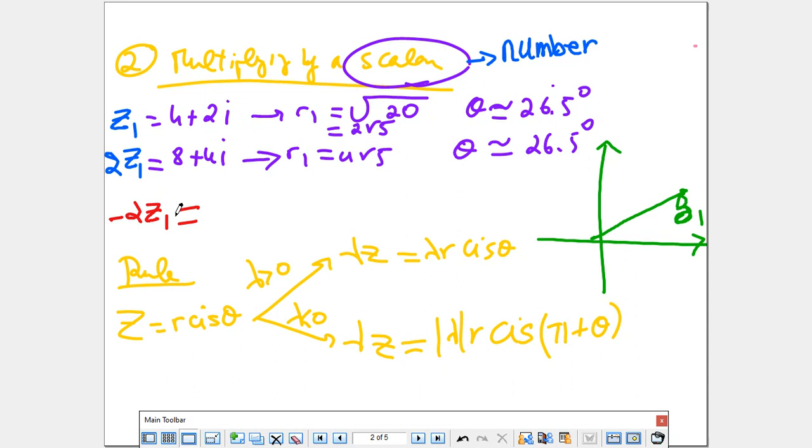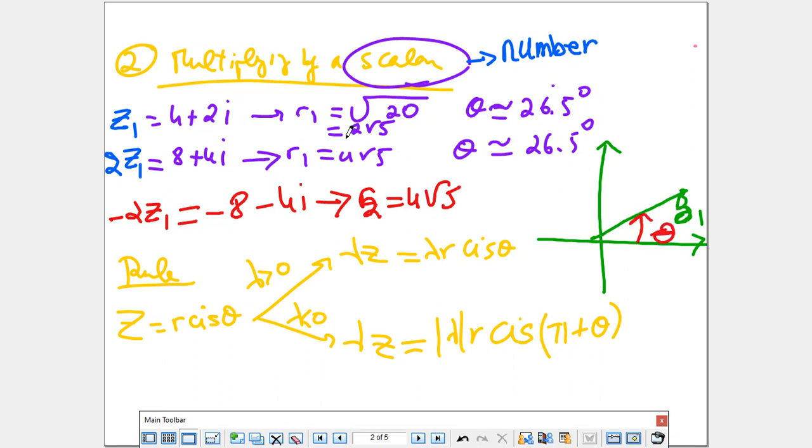Now, if I multiply it by a negative number, what's going to happen? It's going to be minus 8 minus 4i. The modulus of this complex number is also 4 radical 5, so it doubled. But what happened to the angle and the position of this one? Let's say this one was theta.